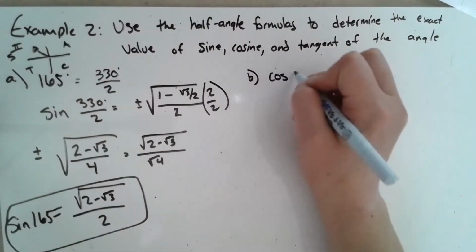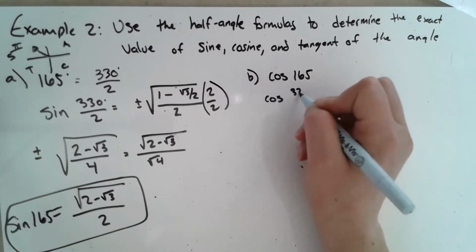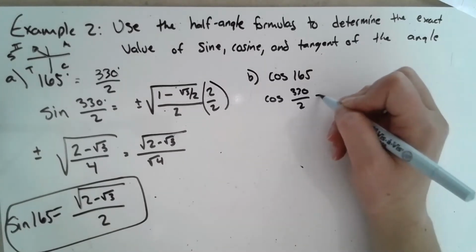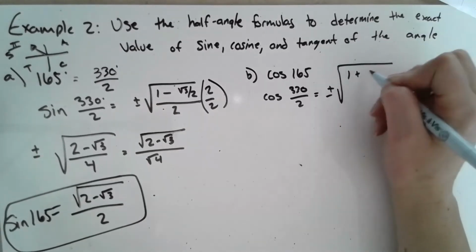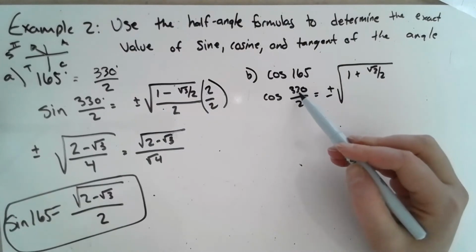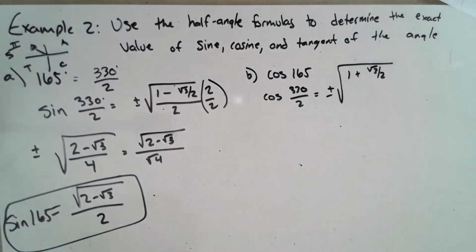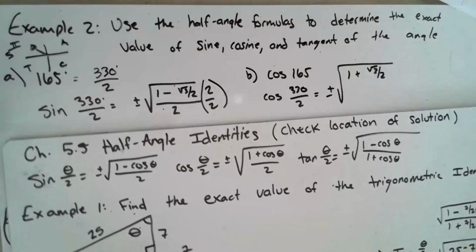So cosine of 165 is the same thing as cosine of 330 over 2, which we know is plus or minus the square root of 1 plus cosine of 330 degrees over 2. And again, it's always going to be cosine, because that's what my identity says to use.